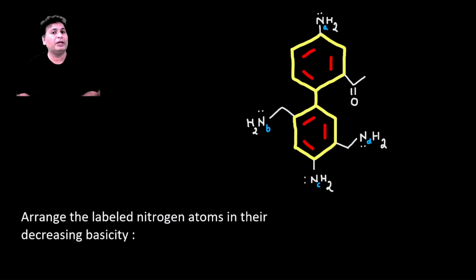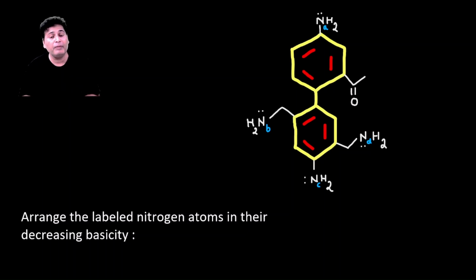So for a higher basicity, the localization of the lone pair on nitrogen is very important, and the higher the extent of conjugation of the concerned lone pair, the more will be the delocalization, the more atoms it will spread on, and therefore the availability on the nitrogen will decrease even more, and it will be very less basic. So that should remain your point of view while deciding the basicity of nitrogen.